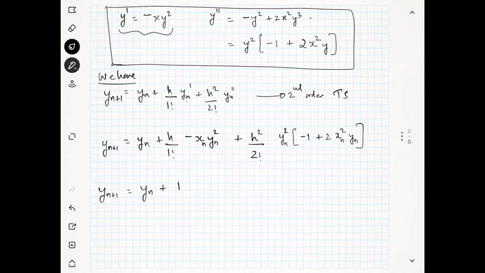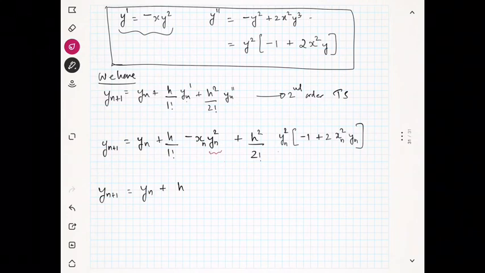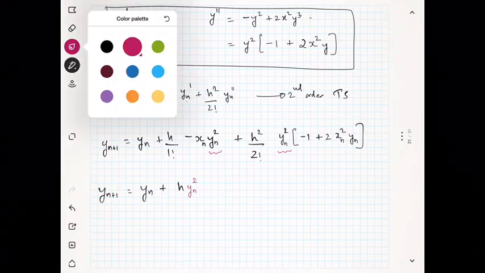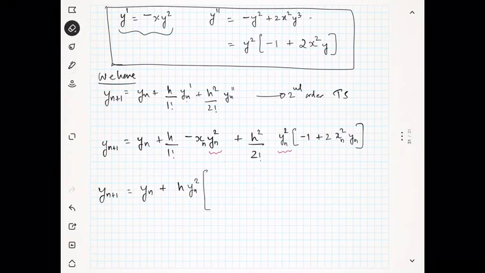plus h by 1 factorial is h, and you can see here we have something common. You can see yn square is common, so we will put h into yn square, then we will put a curly bracket.